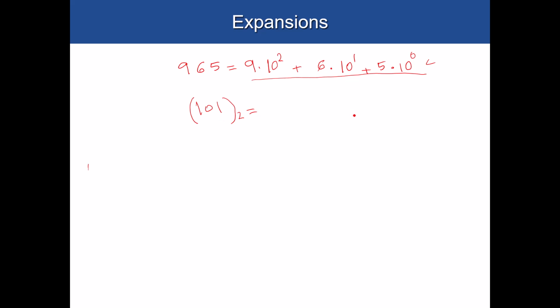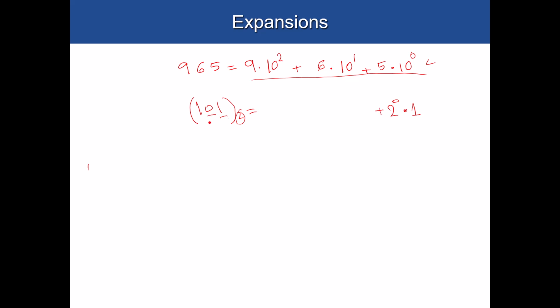So we're going to start by writing the digit. The first digit is 1. And then we're going to multiply it by the base. And the base here is 2 because it is binary. All right. And since this one is in the position of the ones, we're going to put 0 as the power. And we say add.